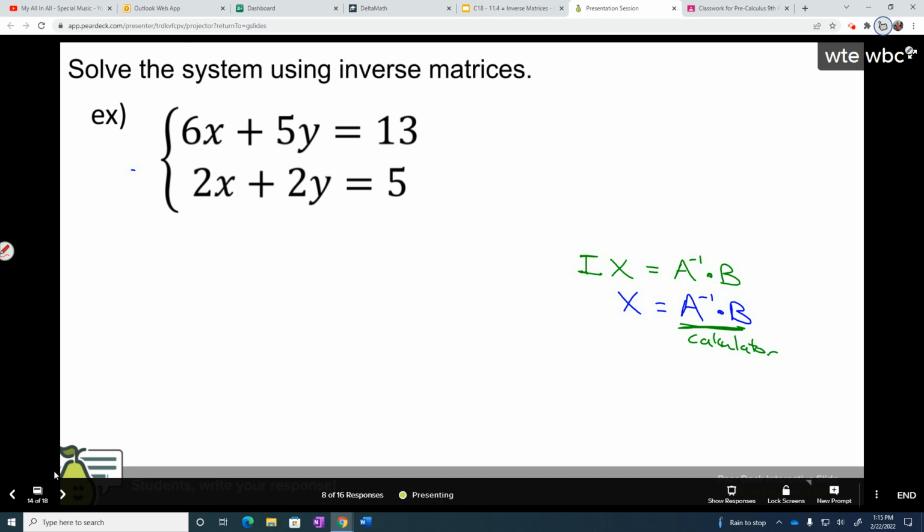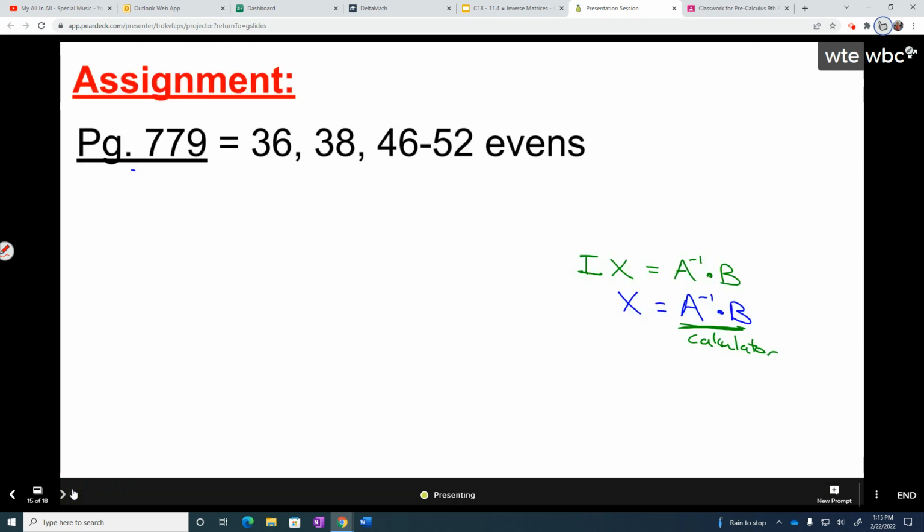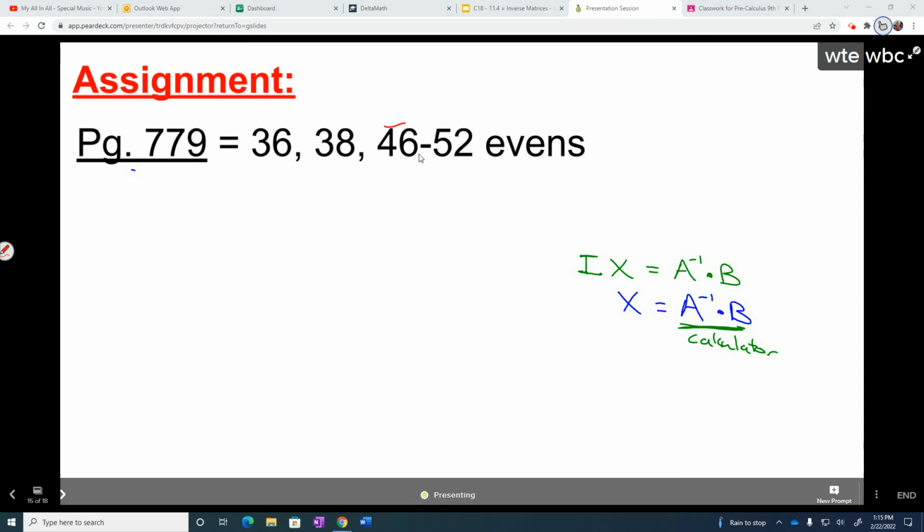I'm going to give you guys the rest of the period actually to work on the assignment. It probably won't even take you the whole period, but since you need to use these calculators in order to do this, for now I want to give you that time to do the problems. So they're up here. They should be on Google Classroom as well. And I would actually just do these first ones first, just in case you don't get them all done.